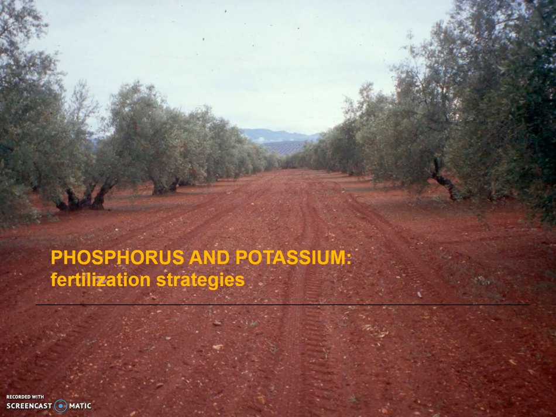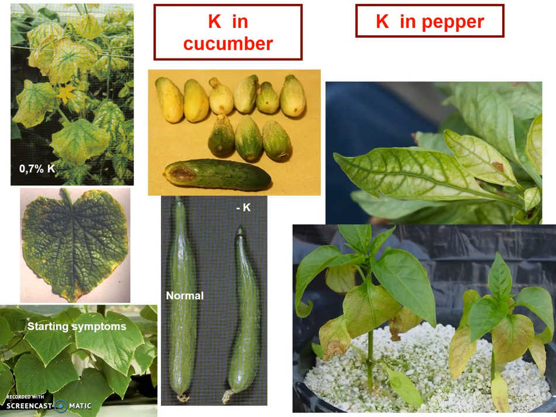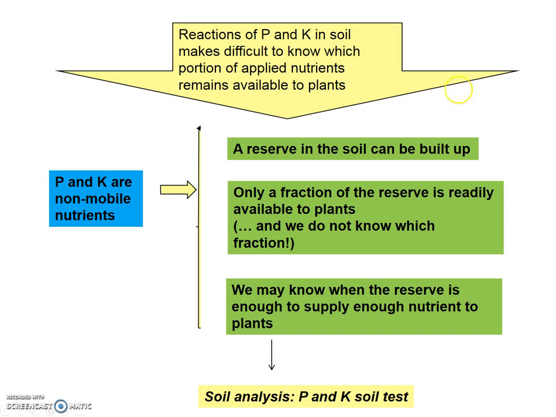Let's review now what the phosphorus and potassium fertilization strategies are. The problem with phosphorus and potassium is that, as they are involved in different reactions in the soil, a large fraction of applied nutrients may become not available to plants.